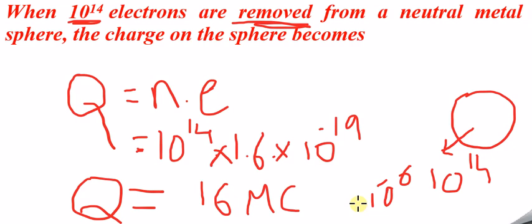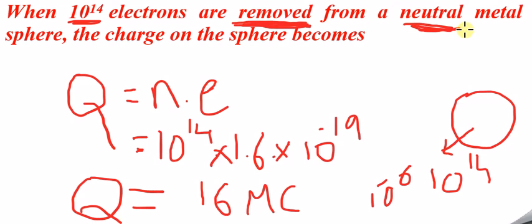Now a question arises, as I told you in the beginning of this session: what is this "removed"? How do we have to understand it? Removed means some electrons are removed, so will the sphere have more negative charge or more positive charge? Neutral means the total of positive charges is equal to the total of negative charges.